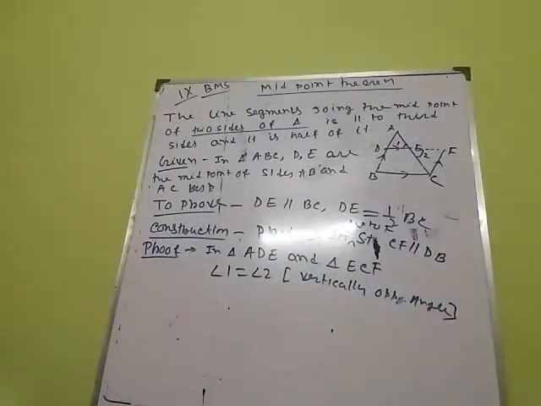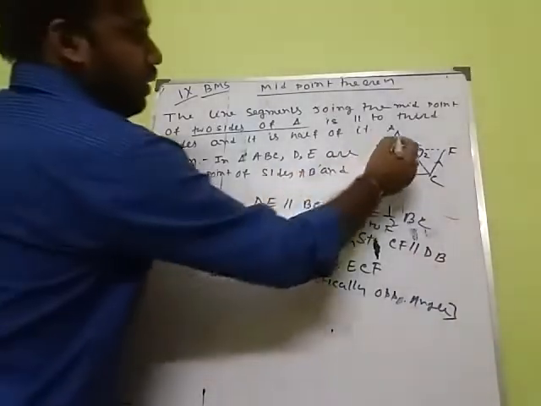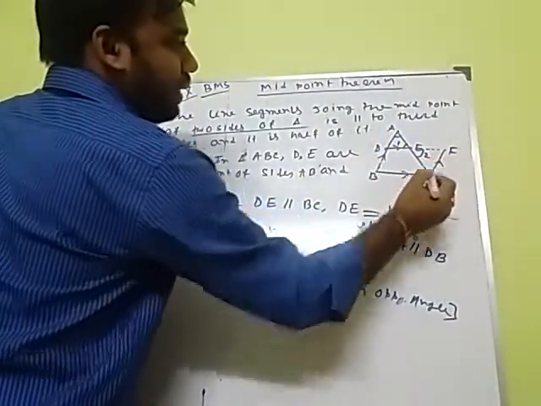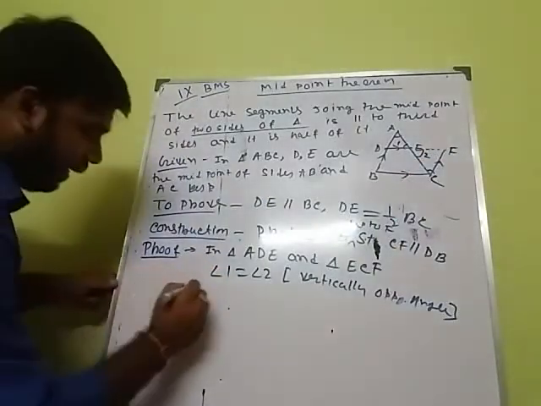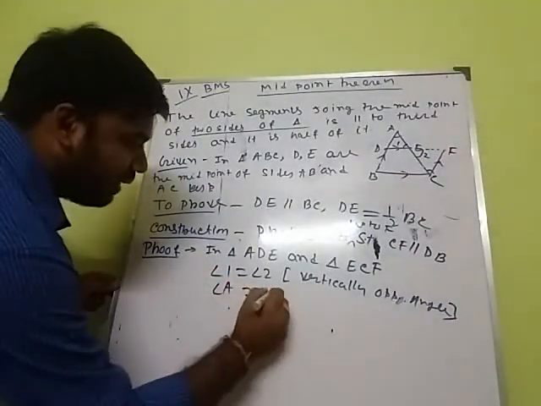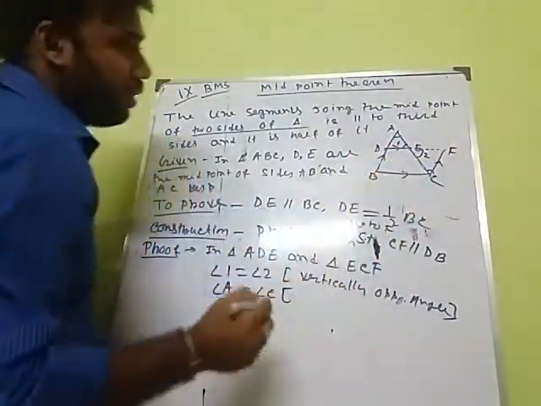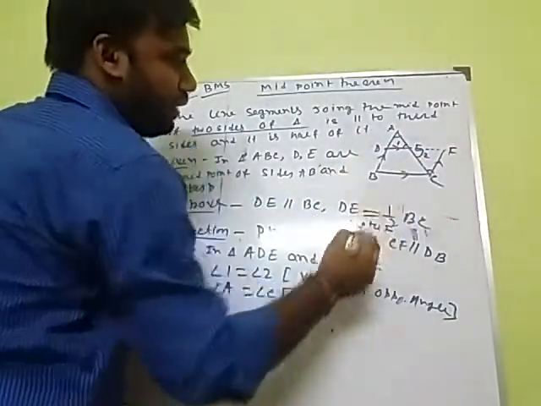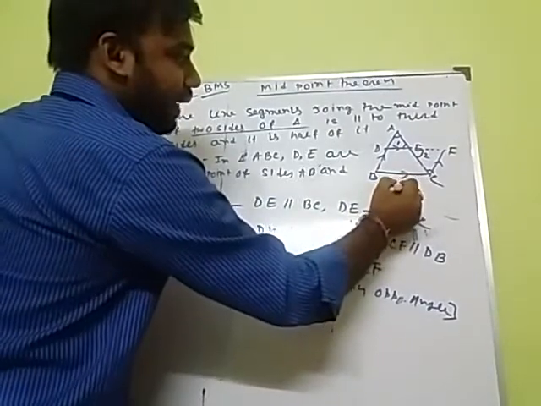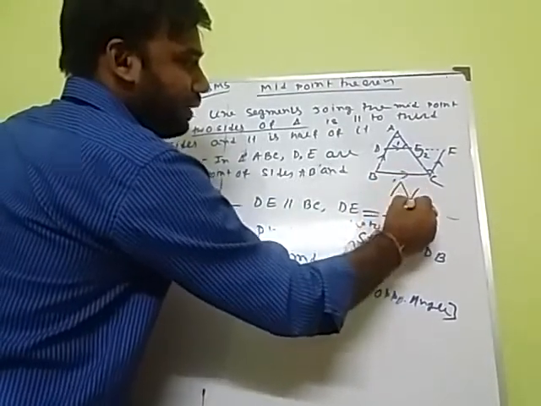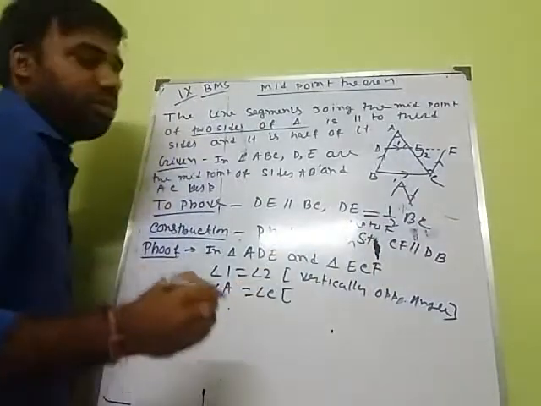Next, this angle and this angle: angle A equal to angle C. What is the reason? Angle A is equal to angle C because DE is parallel to CF, meaning AB is parallel to CF, and AC is the intersector, or transversal.